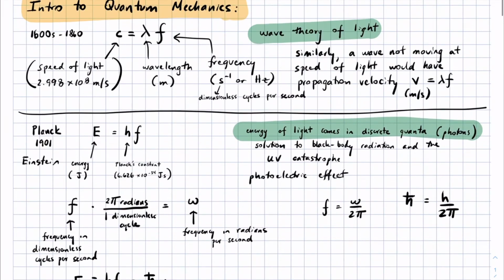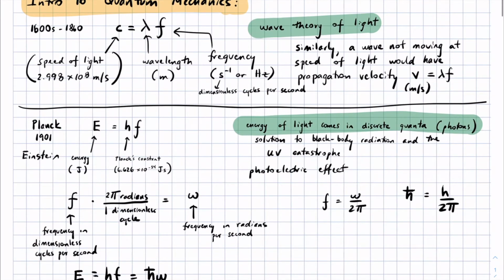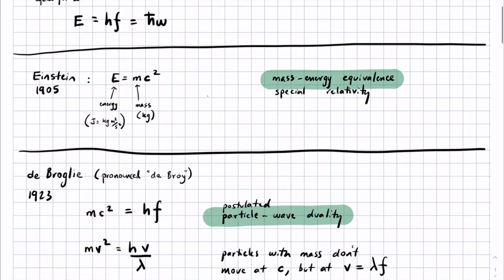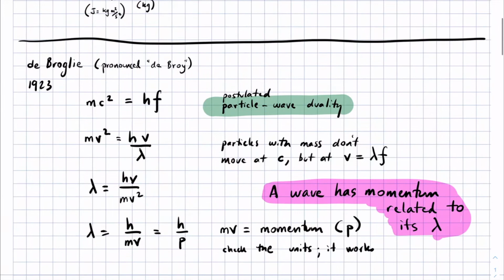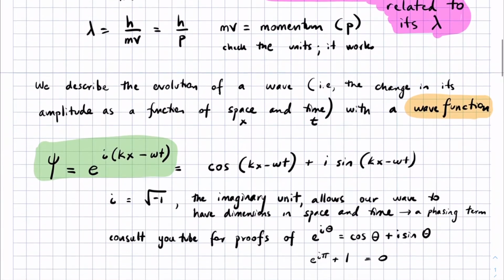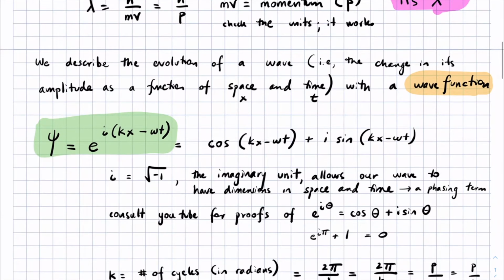So we went through the equation involving Planck's constant and frequency. We talked about mass energy equivalence. We talked about de Broglie's hypothesis or postulate that particles have wave-like properties and their momentum is related to their wavelength. And then we described a simple wave function, which, if you recall last time, was just a sine wave or a cosine wave.